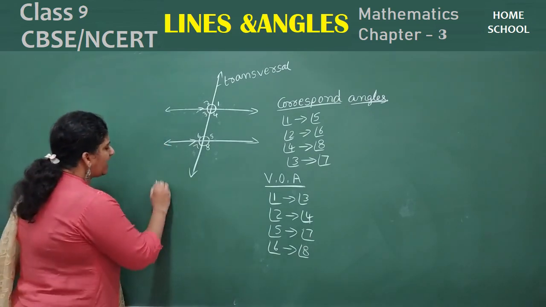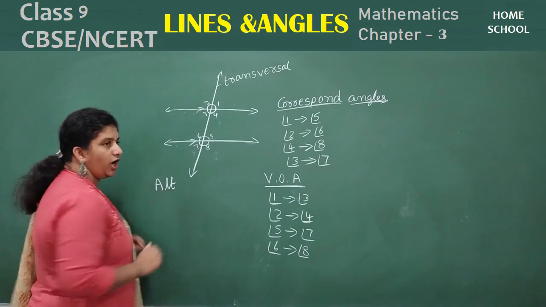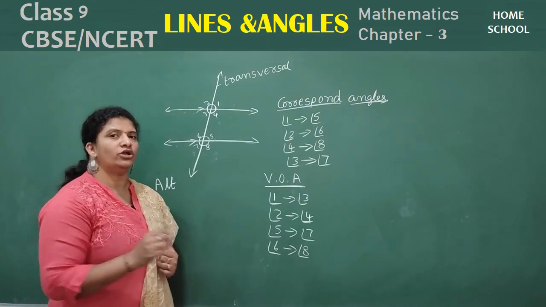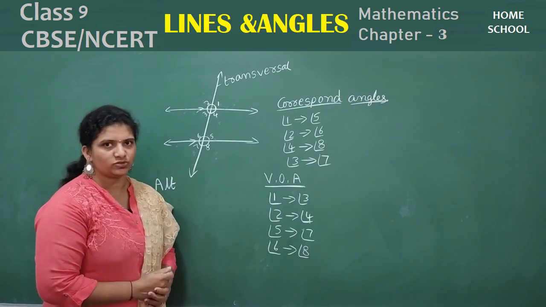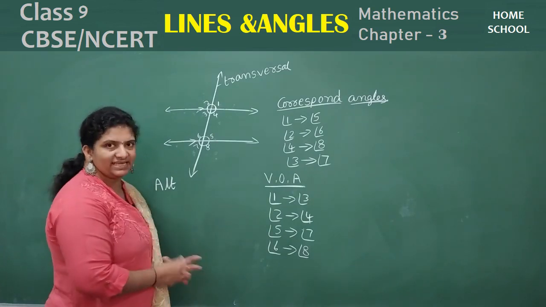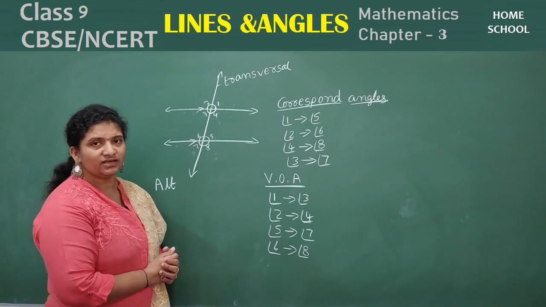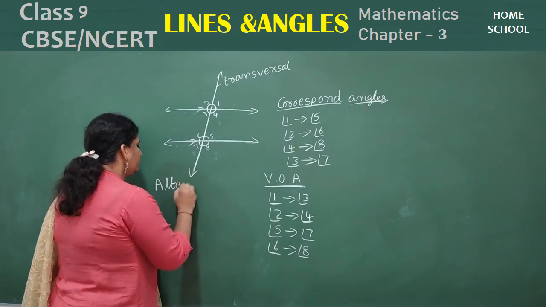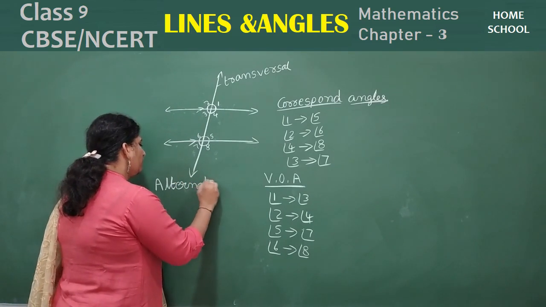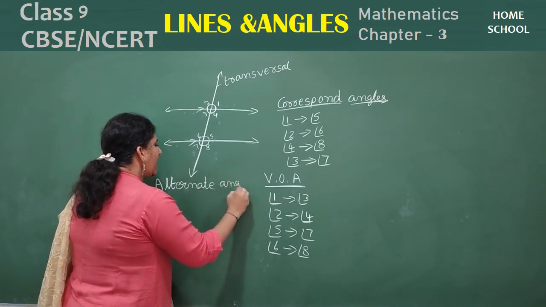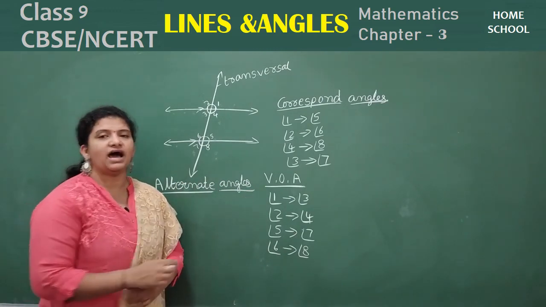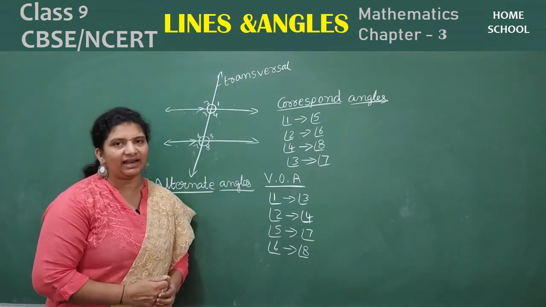What are alternate angles here, children? These alternate angles, if you want, you can remember as a Z shape also. What are alternate angles here? Alternate angles are found in between two parallel lines.